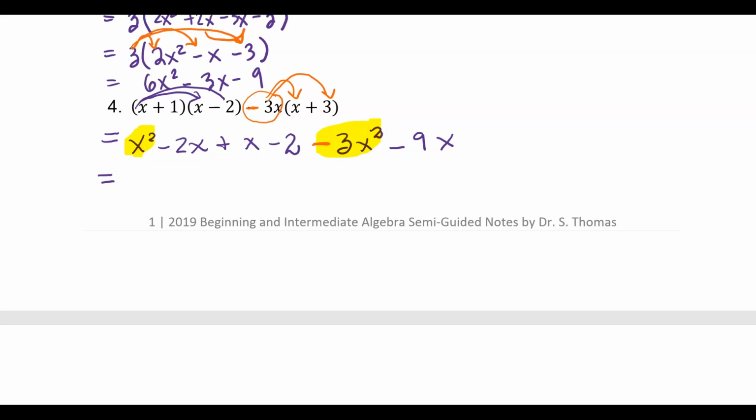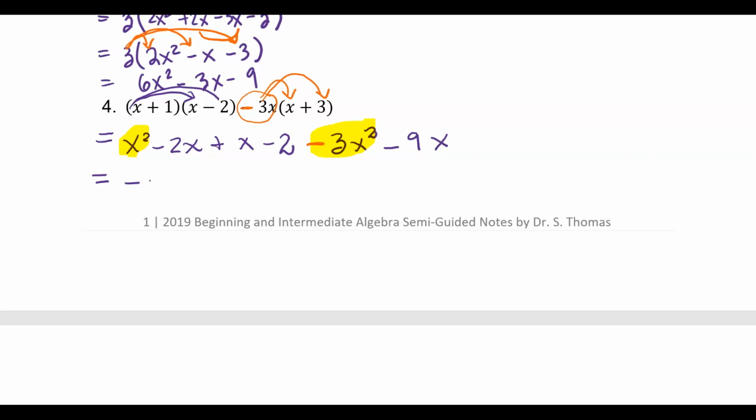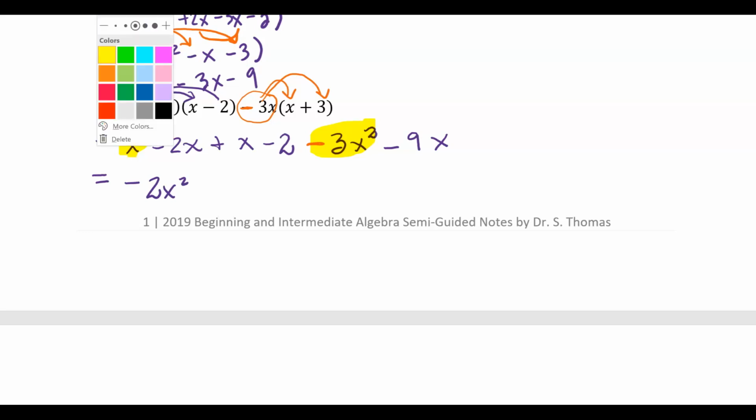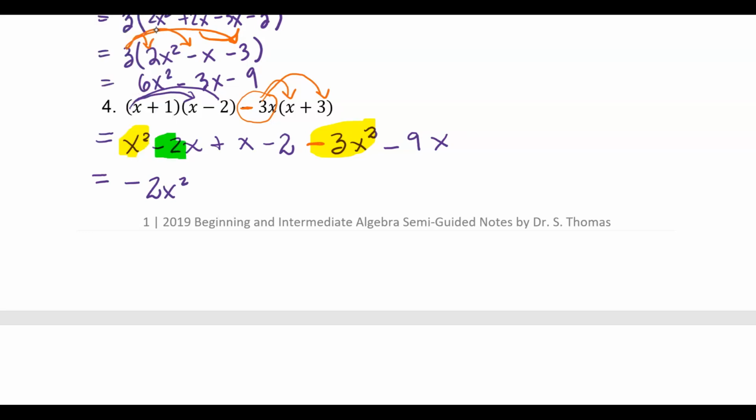So x squared minus 3x squared is negative 2x squared. Then we have like terms negative 2x plus x minus 9x. So negative 2 plus 1 is negative 1, and minus 9 is negative 10. So minus 10x, and then we're going to simply just write down minus 2 since it doesn't have a like term.